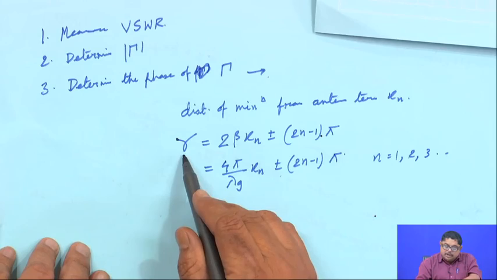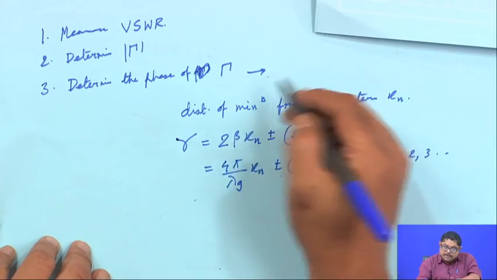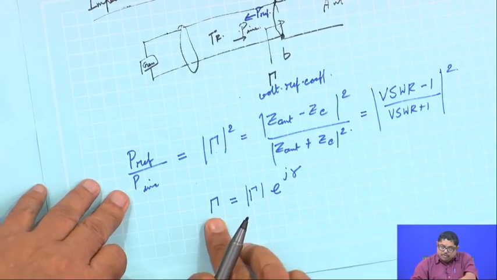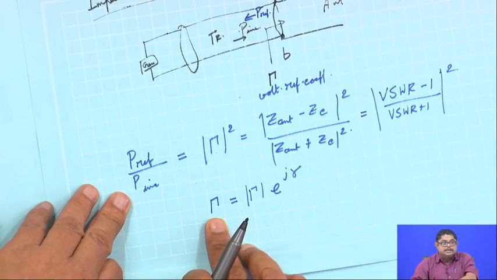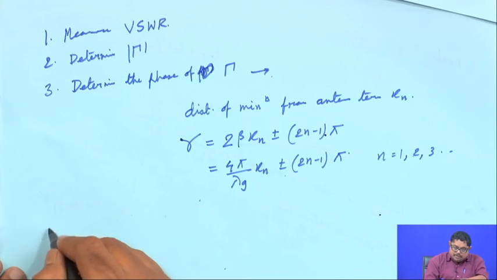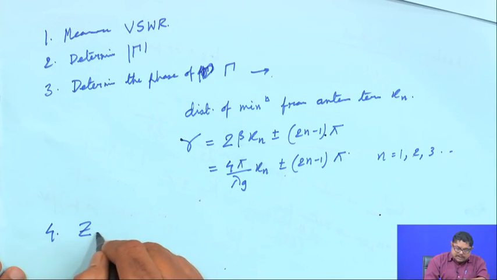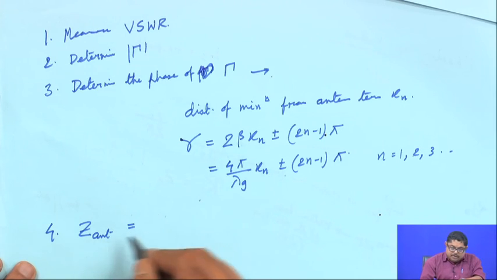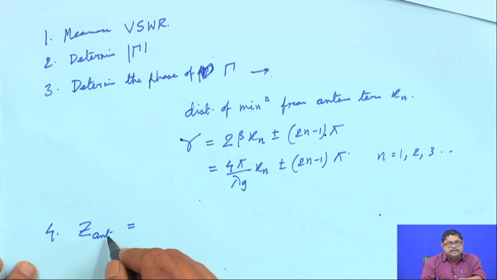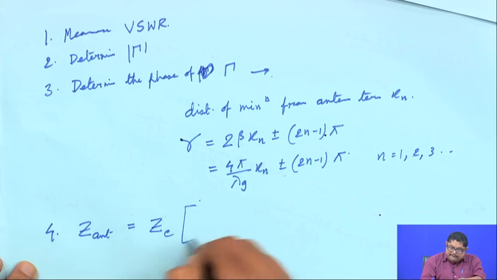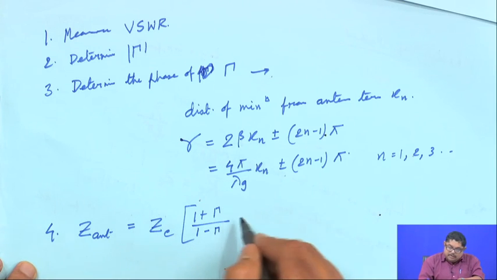So, now you have got this, that means you now know completely this complex quantity tau. So, how to find the impedance? The next step is the input impedance of the antenna, which previously many times we were calling ZA, now we are calling Z antenna, is ZC times (1 plus tau) by (1 minus tau).